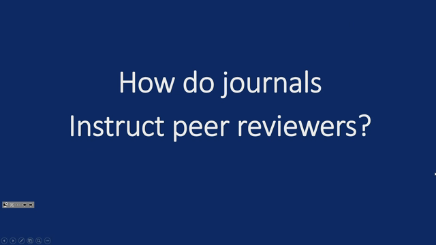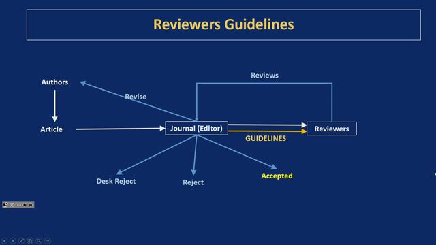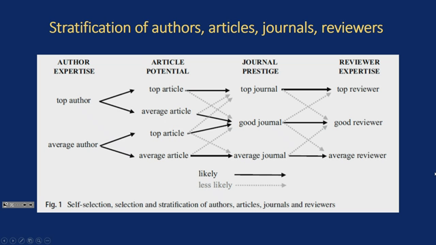So, how do journals instruct peer review? We see the position of the reviewer guidelines in the whole reviewing process. We have to bear in mind that scientific journals operate in a very competitive context.